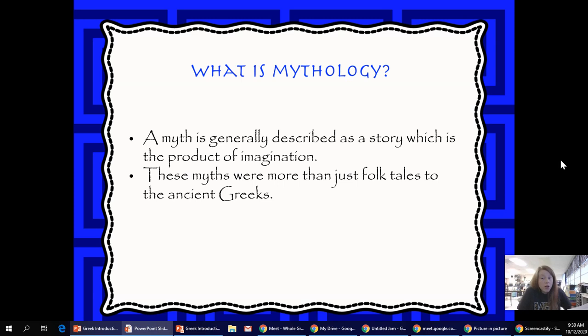So a long time ago, there were ancient Greeks. Okay, they lived in Greece, and the people that lived way back then believed these myths, and they thought that they were true. They don't believe them now, really, but way back then they believed them. Okay, and these were part of the religion of ancient Greeks.